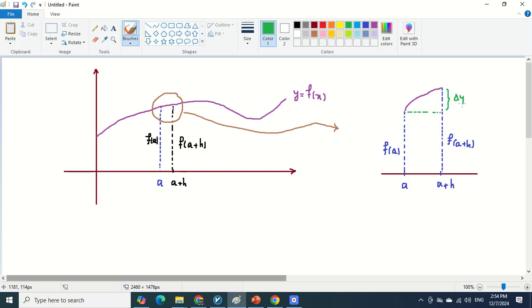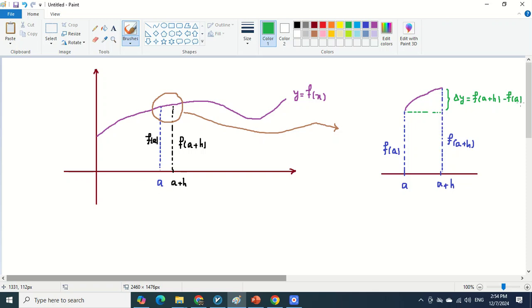So this delta y denotes the difference between the y value, which is f of A plus H, the second height that we have at that point, minus f of A, which determines the height at the point A.